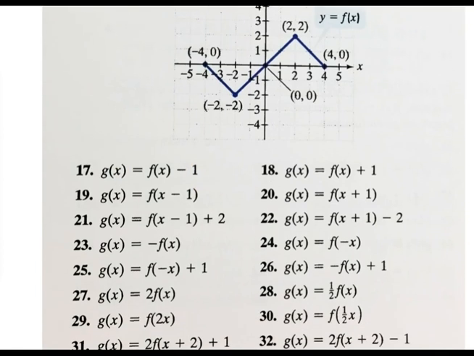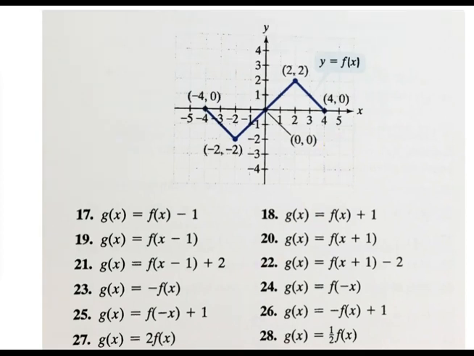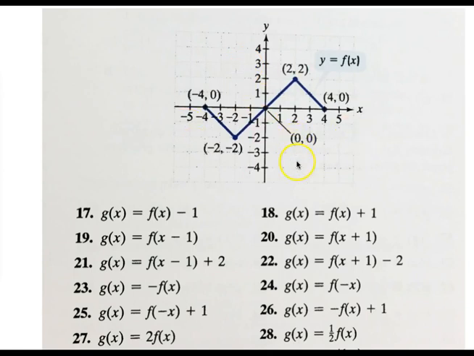I'm just going to pick out a few to illustrate how you could either do it by looking at the original graph, or you could do point-to-point transformations. I just want to make sure you understand that you have a choice on these and you can choose whatever makes the most sense to you.